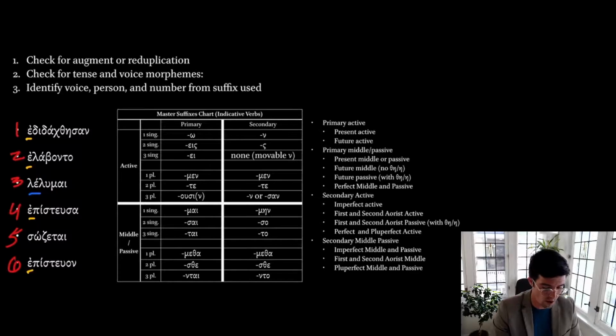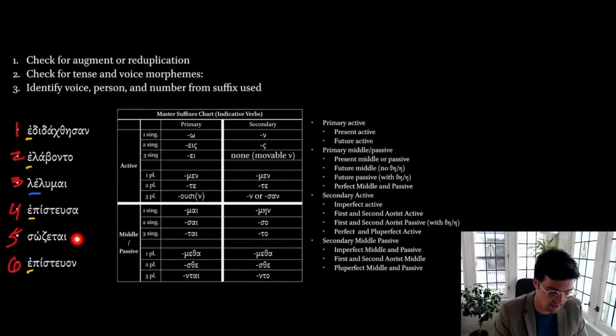So we know that 1, 2, 4, and 6 are all going to be one of what 2 tenses? What are our 2 options for when the augment is there? That's right, either the imperfect tense or the aorist tense. Way to go. 1, 2, 3. High five.